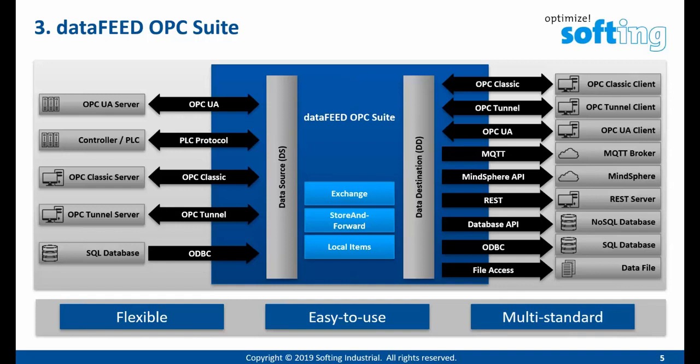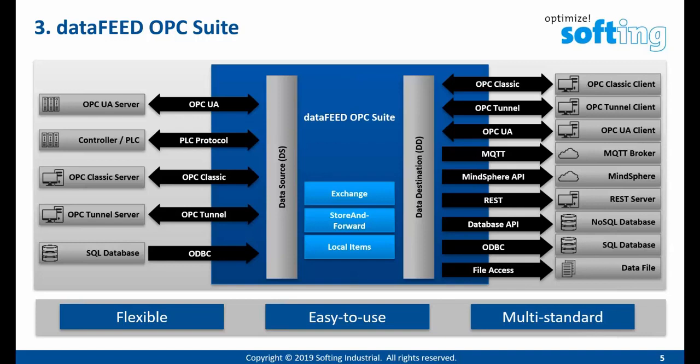Siemens, we could also connect to a Rockwell, Mitsubishi, everything is possible. We could also grab data from a SQL database or from an OPC Classic server. And once we have done that, we can decide to which data destination we want to send that data or we want to provide that data.